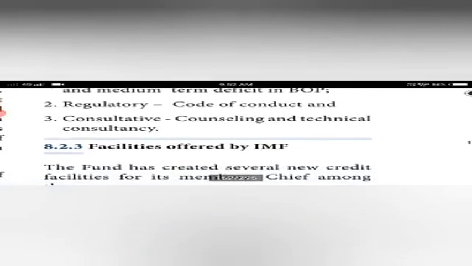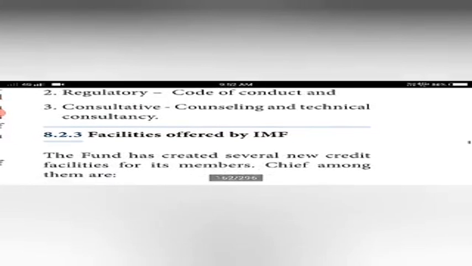Regulatory, code of conduct. They are governing the member countries' code of conduct. How are they behaving towards the IMF? Consultative, counseling and technical consultancy given by the IMF to the member countries, and if they have any sufferings or crises, they may be rescued from the crisis.